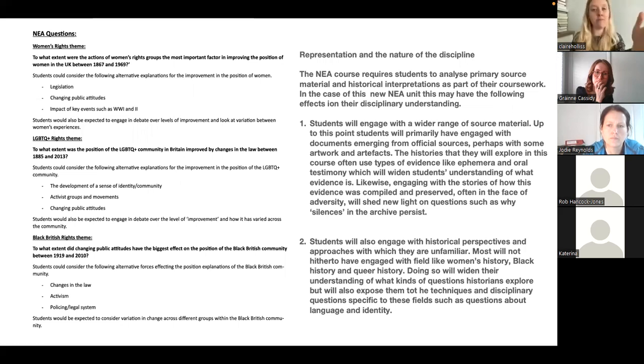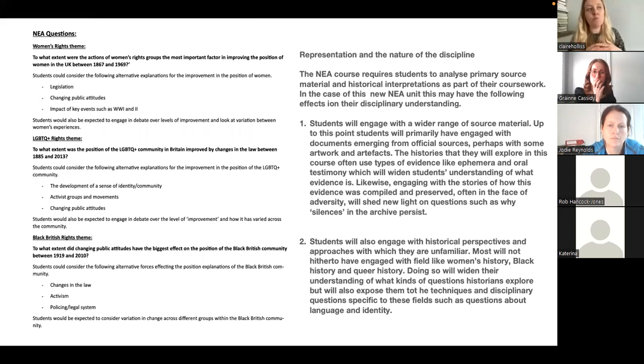After we've taught them the full course, combining all 3 of the themes, they will select from the women's rights, LGBTQ rights, or Black British rights questions. And as part of putting together their essays, they'll need to assess and evaluate some primary source material.